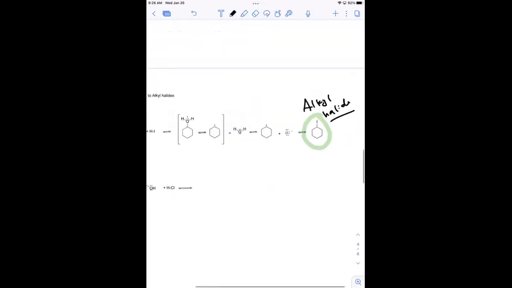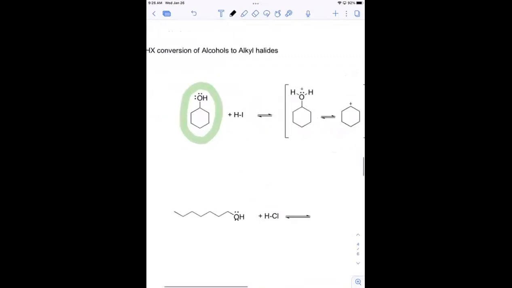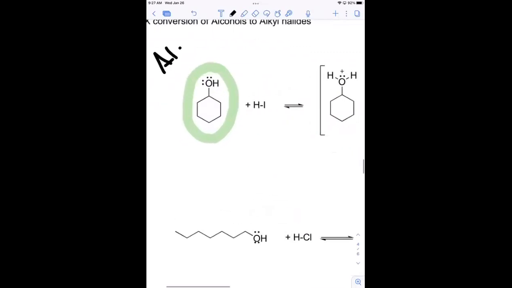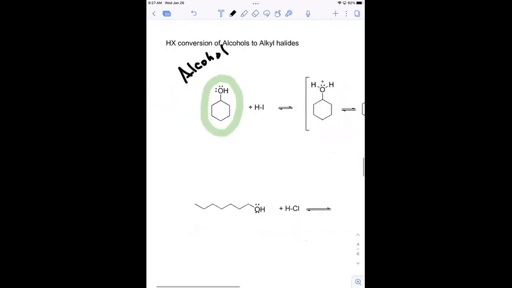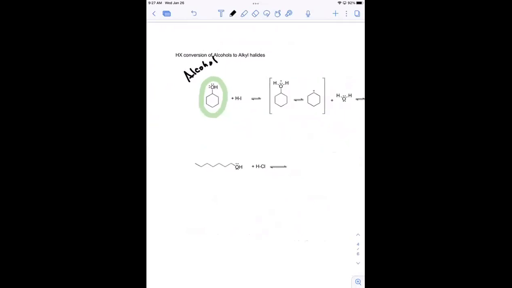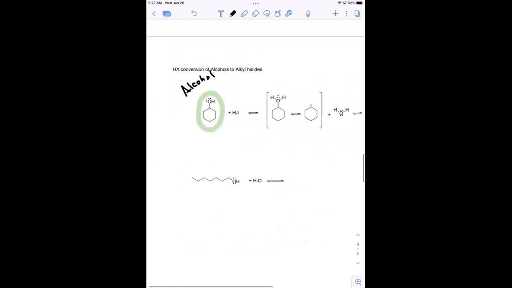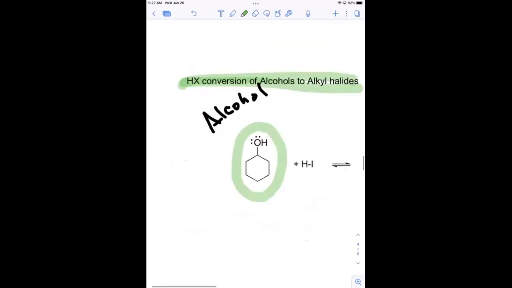So that's my product, alkyl halide, and this is my starting material, alcohol. With this reaction, the reagent that I use for secondary and tertiary alcohols is HX.